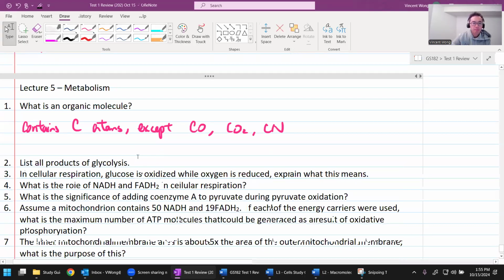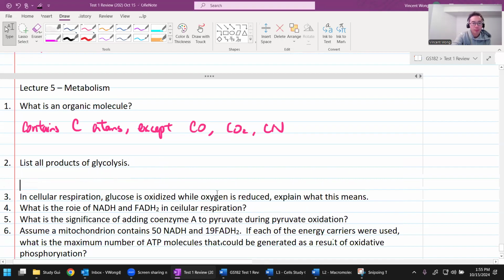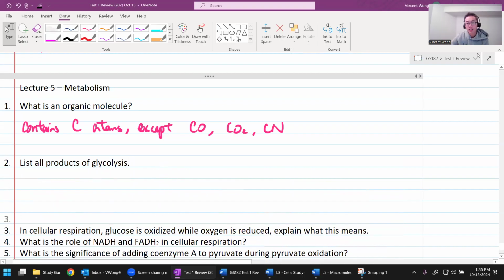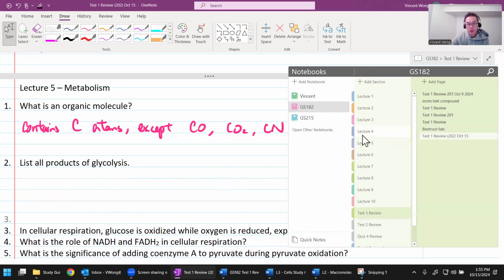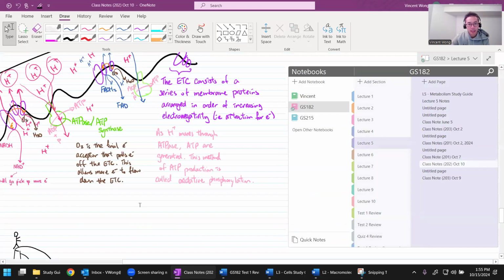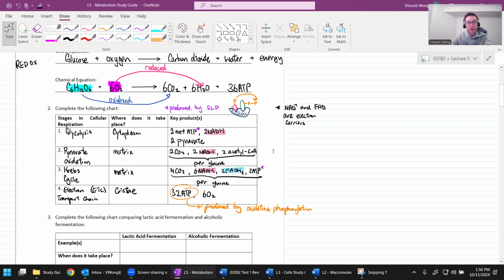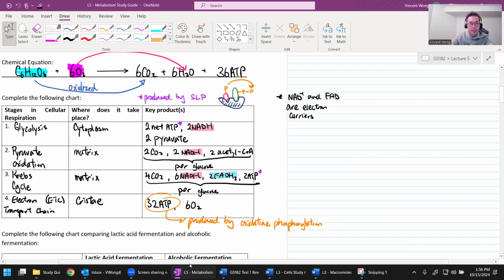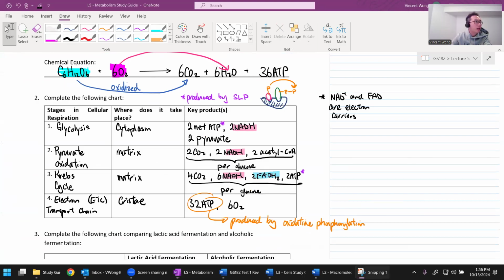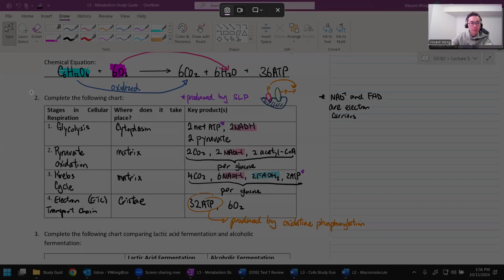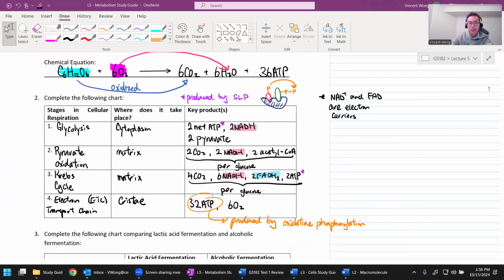Okay, next, list the products of glycolysis. Actually, we had a nice chart from before, which is right here. So not just for glycolysis, but for all 4 stages, right? So I'm gonna copy this over for you.